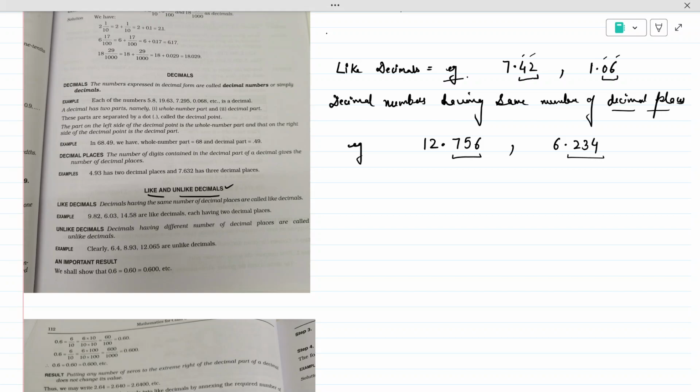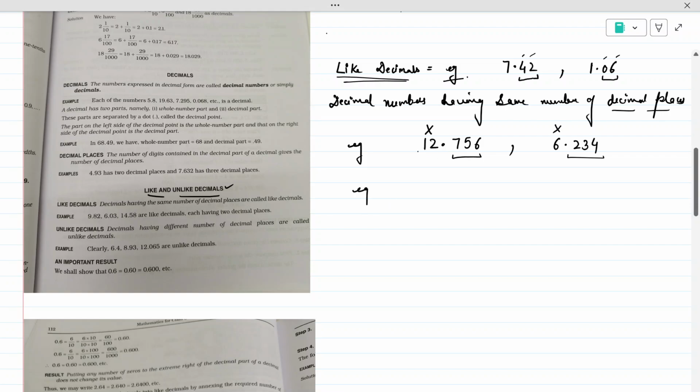Both of them have the thousandth place. So that means they are like decimals. We are not concerned about the numbers which are present before the decimals. So like decimals are the decimal numbers which have the same number of decimal places.